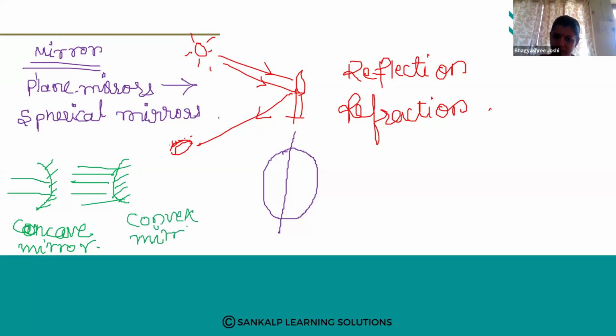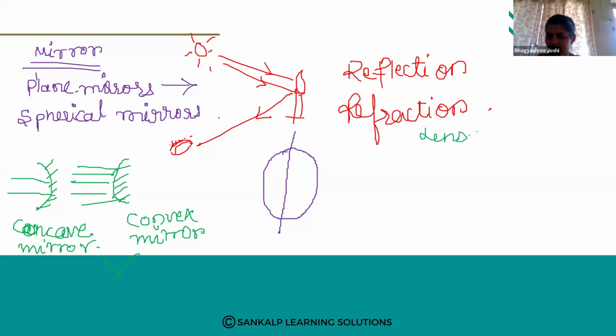That means in spherical mirrors, we are going to observe two types of mirrors: one is the concave mirror and another is the convex mirror. Next, laws of reflection. And also we are going to study the formation of images, image formation in concave and convex mirrors, and the nature and position of the image in concave and convex mirrors.